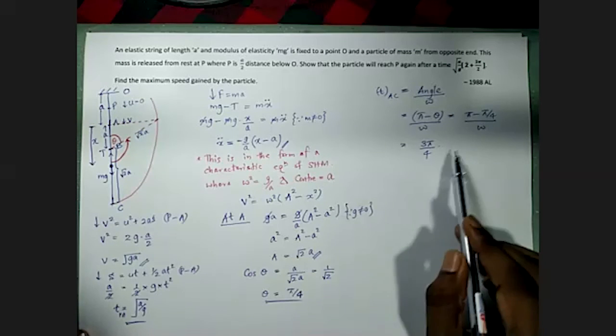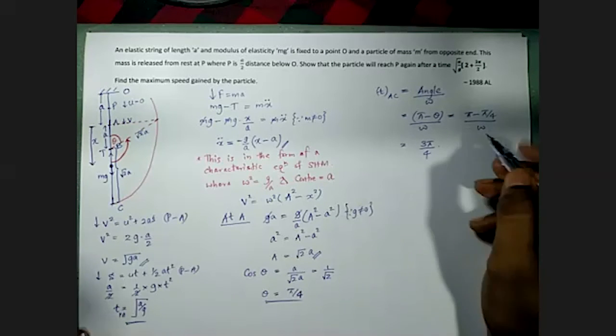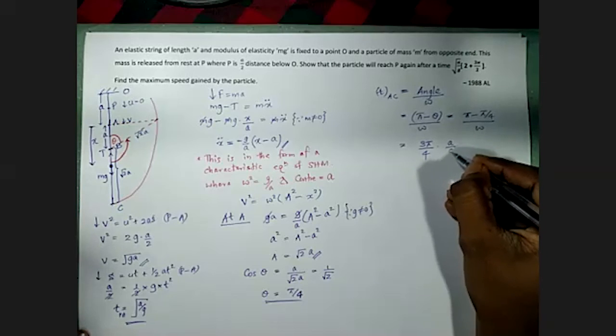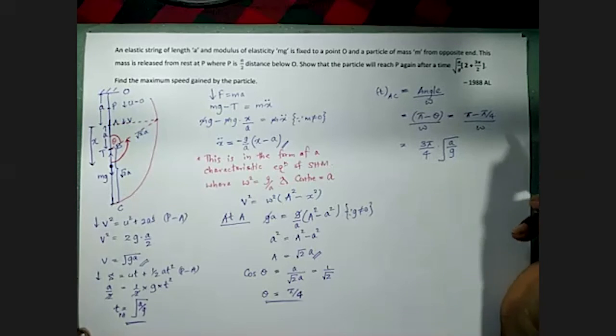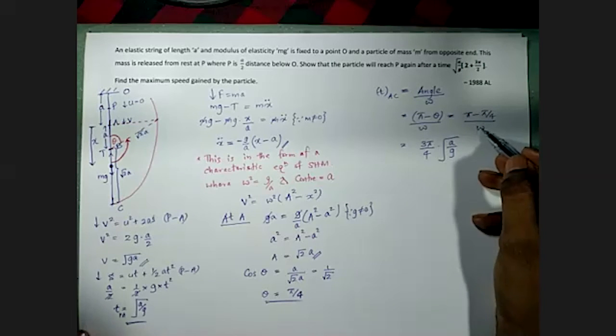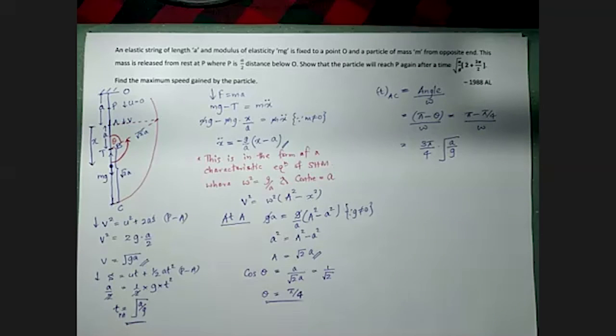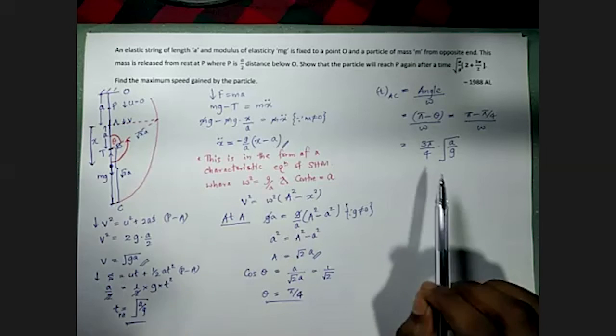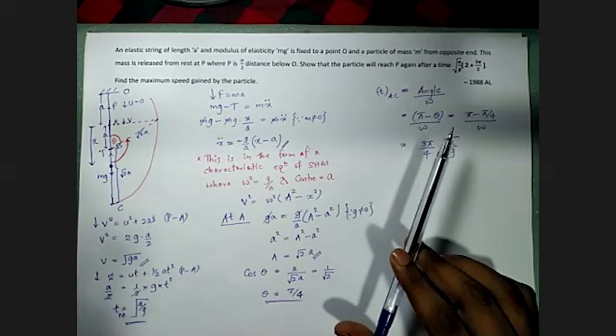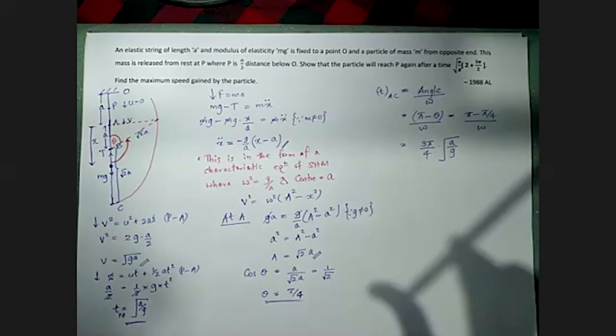Square root g over a is in the denominator, so I can write it as square root a over g. Since omega is in the denominator, when I write omega in the numerator, I have to take its reciprocal. Okay, this is the time taken by the particle to move from A to C.